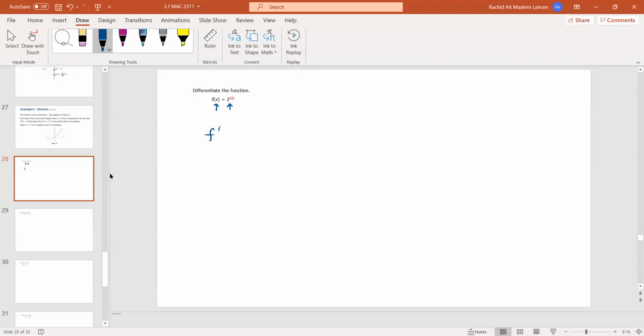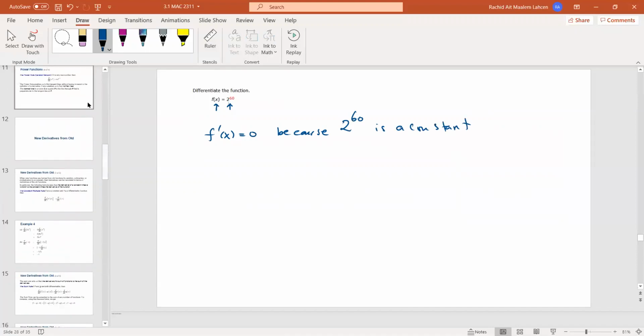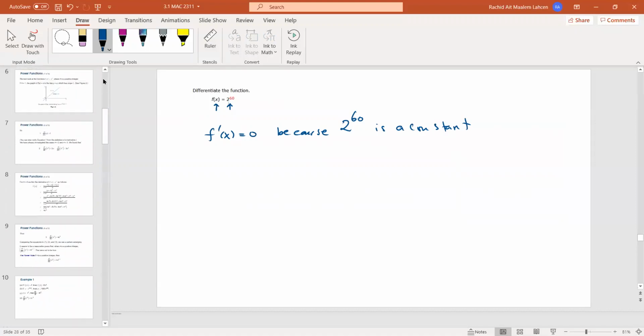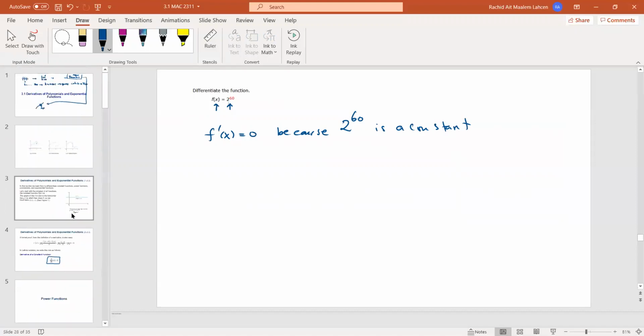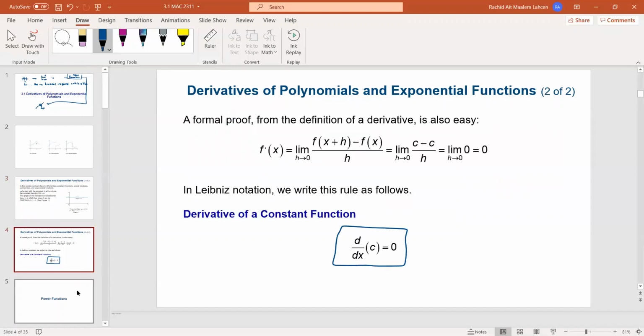So the derivative of this one is going to be 0 because 2 to the power 60 is a constant. All right. So we can't mix between the power rule that we will learn later on and these constants.